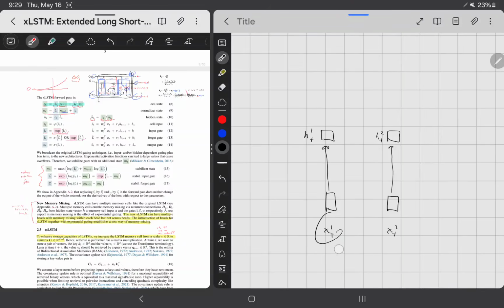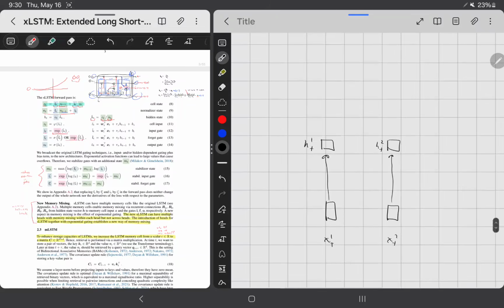So these are independent hidden states. They don't mix with each other. Now the output scalars are also independent. So you'll get some output here, OT1, OT2, and these are independent of each other.